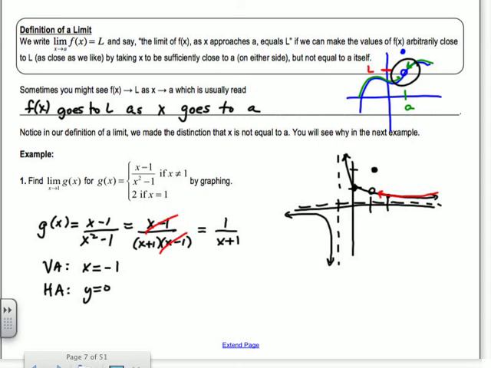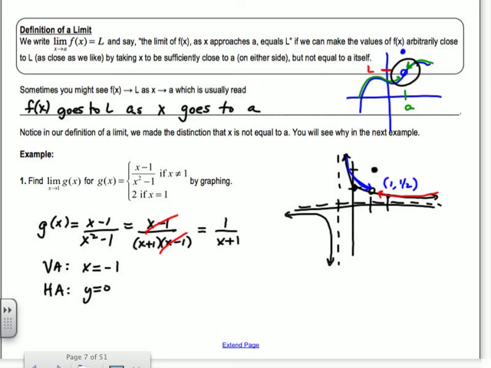What was our simplified function? 1 over x plus 1. What happens when you plug in 1? You get 1/2, right? So both of these are getting closer and closer to this open circle that I've drawn in. That open circle is the point 1, 1/2. But it's not included in our graph. It was open. But with a limit, it doesn't matter if it's open or closed.